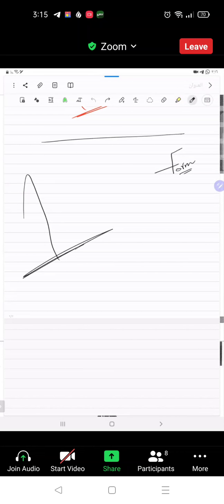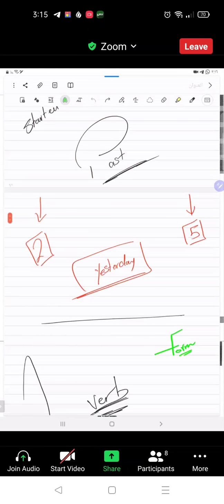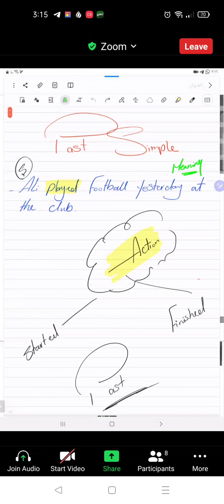This is one verb. So let me say it again. Here we have the past simple. The word simple itself in English means that we must have one verb. So if we have one verb, the tense here is called simple.